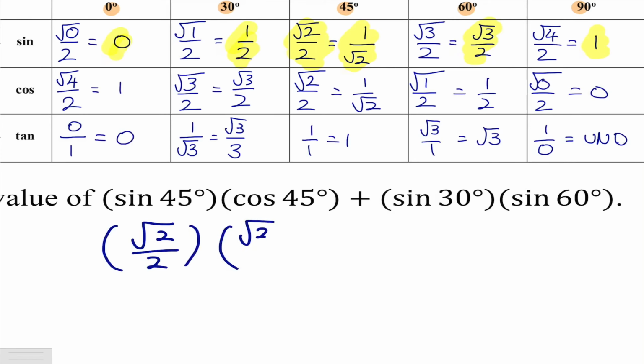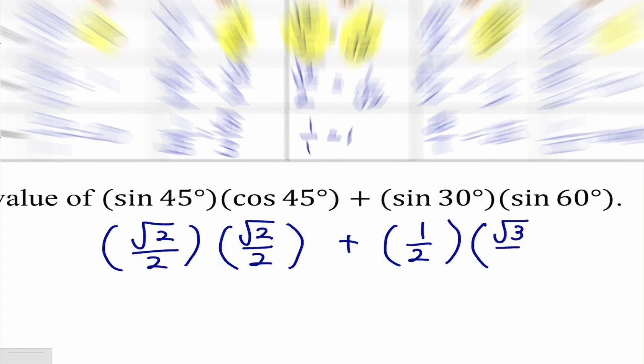So square root of 2 over 2 for the cosine 45 as well. Now, sine 30, so sine starts from 0, but 30 is the second angle, right? 0, 30, 45, 60, 90. Therefore, it is going to be 1 over 2. Sine 60 is the fourth angle, so 0, 1, 2, 3. That's the fourth one. Therefore, square root of 3 over 2.